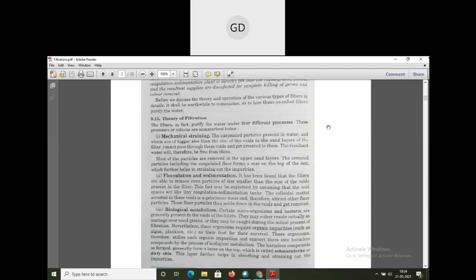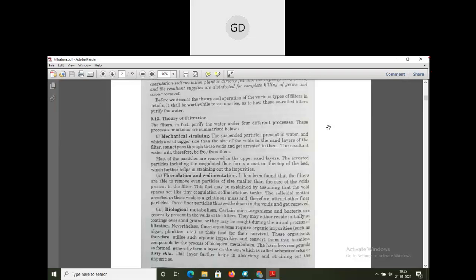The colloidal matter stuck in the voids of the sand layers forms a gelatinous mass, or flock, and this gelatinous mass attracts the other finer particles. Those finer particles settle down in the voids and can be removed finally. So that is flocculation and sedimentation.